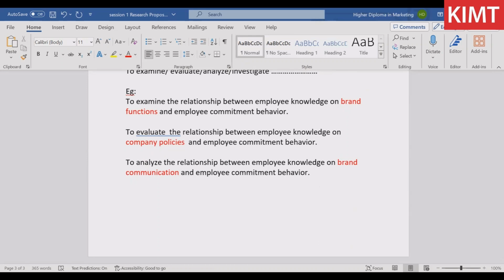That's why I just want to finish it off. It is called significance of the study. Topic number 4 in your proposal, right?